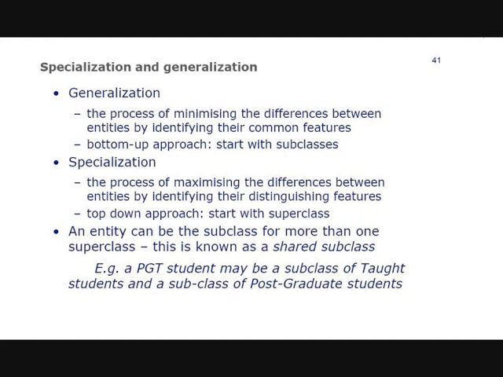And a postgraduate student might also be a kind of postgraduate student. So I can have shared classes, I can make my model more complex by using all these kinds of hierarchies of concepts.